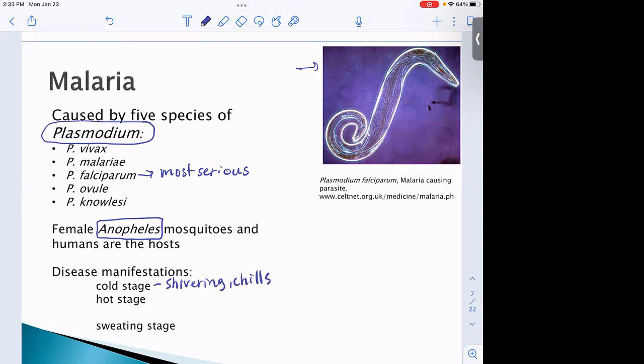And then in the hot stage, they suddenly spike a pretty high fever, like 102, 103, 104, 105. Really high fevers, headache, vomiting, rapid faint pulse.